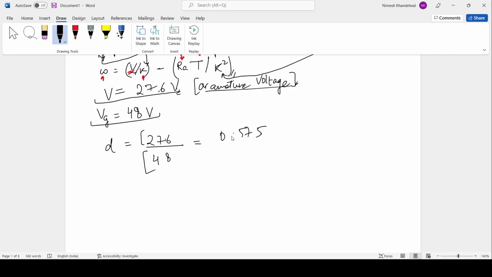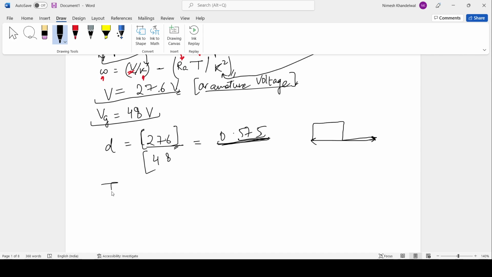This is essentially how much time you have to keep your switch on for every given sampling time, or switching time, such that the net voltage that you see at the armature is 27.6 volts. So you should keep the switch on for 57.5% of the switching time.